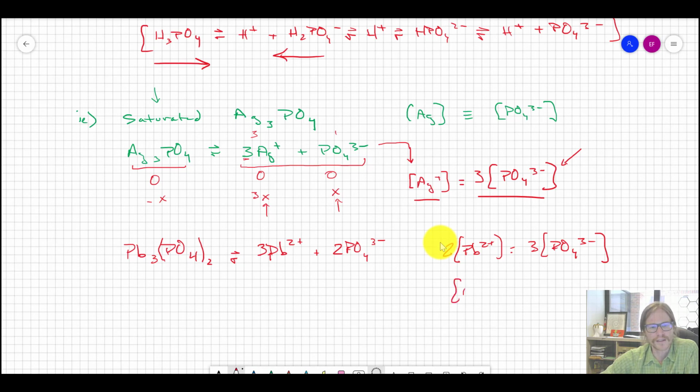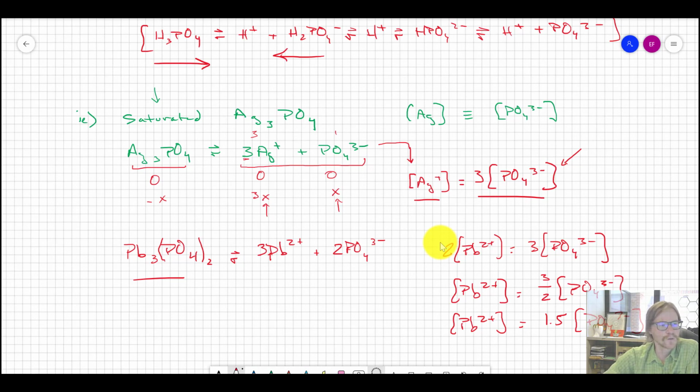So if I were to solve for lead concentration itself, it's going to be 3/2 the concentration of phosphate. Or in other words, lead 2 plus concentration at saturation of lead phosphate is going to be 1.5 times the phosphate concentration. And that makes sense, right?